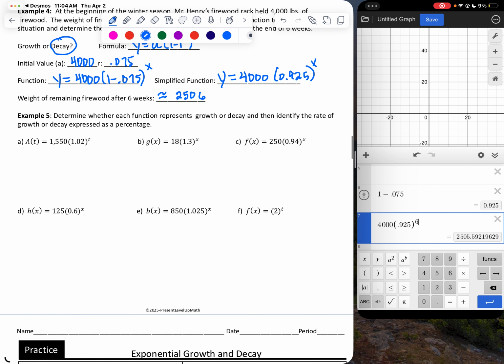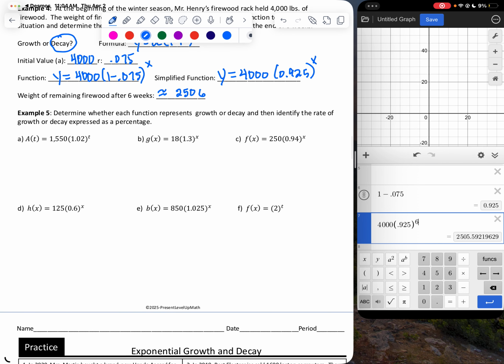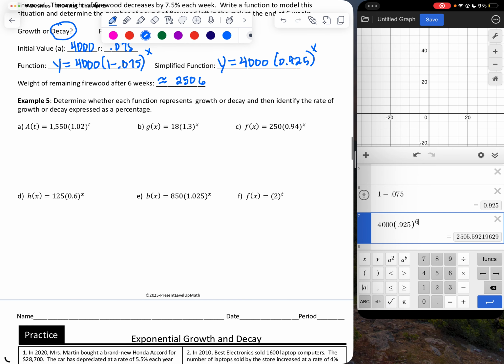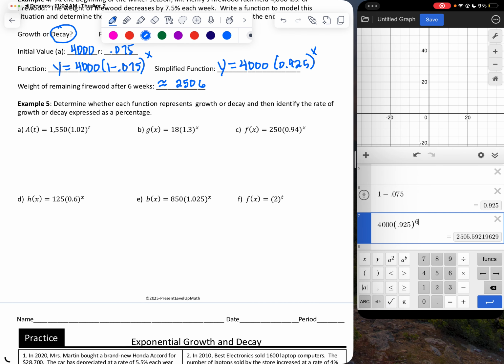All right, example 5. Determine whether each function represents growth or decay, and then identify the rate of growth or decay expressed as a percentage. To determine if it's growth or decay, you look at your base. If it's bigger than 1, it's a growth, and if it's smaller than 1, it's a decay. So this would be a growth.